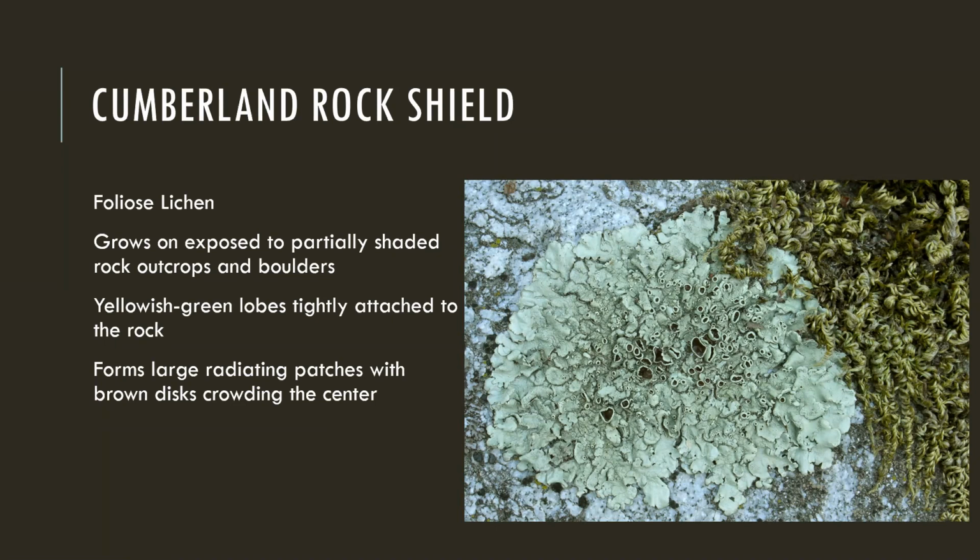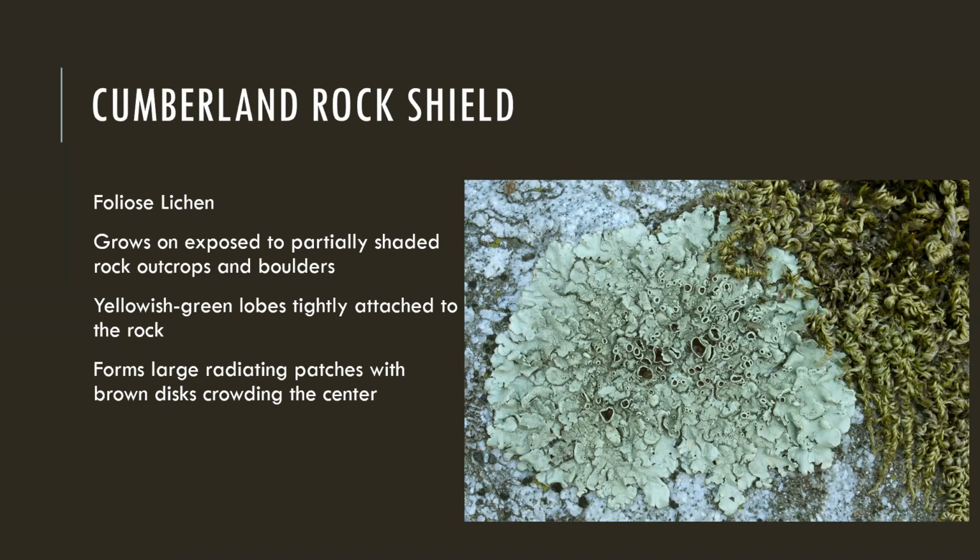So again, it's this kind of pale yellowish green minty color looking. And it grows in this radiating pattern. So it circles out. It'll create this kind of circular object. Sometimes it'll get a little bit misshapen, or it'll overlap against other lichens, mosses, or even itself.